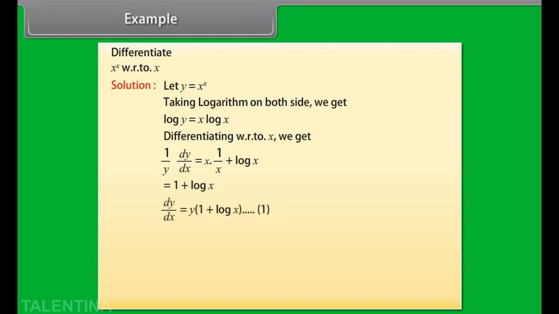Dy by dx is equal to y into 1 plus log x. Name it as 1. As we know that y is equal to x raised to the power x, put the value of y in equation 1. Dy by dx is equal to x raised to the power x into 1 plus log x.